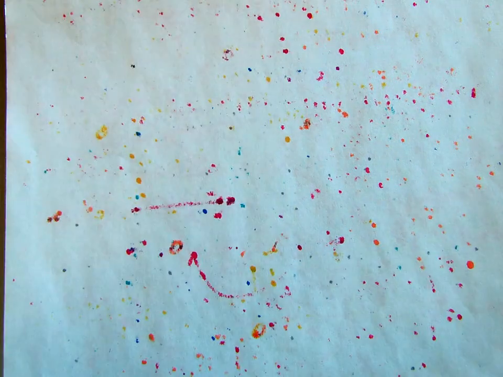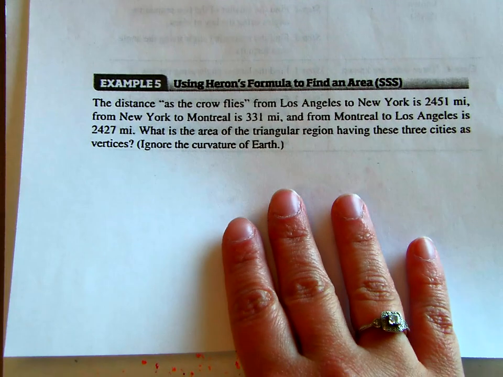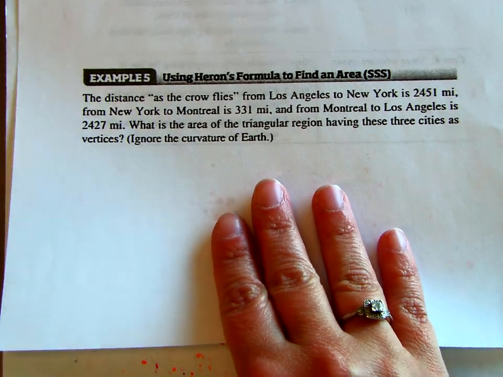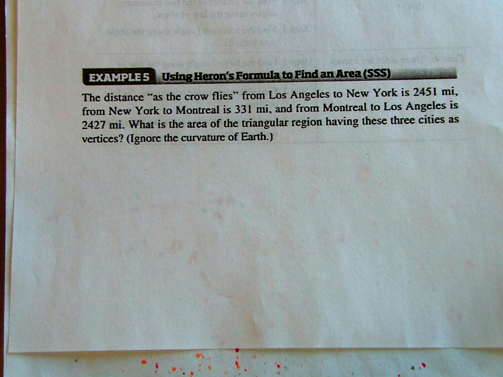So the area problem is the other example that's on the front side of the handout for today. It says the distance as the crow flies. I don't know if you guys have ever heard that terminology, but distance as the crow flies means you're ignoring roads and routes and things like that, and you're literally thinking about the shortest distance from point A to point B as if you could fly over any other obstacle in your path, because crows can do that.